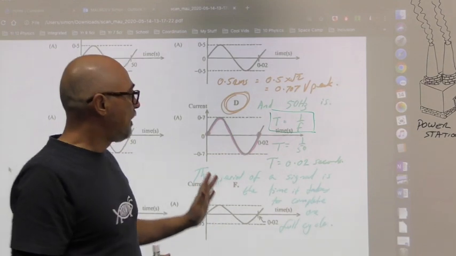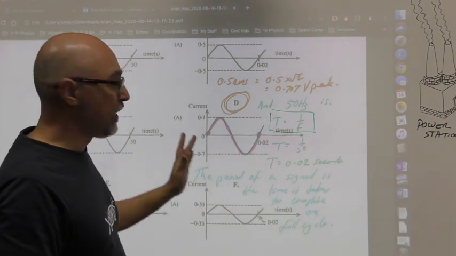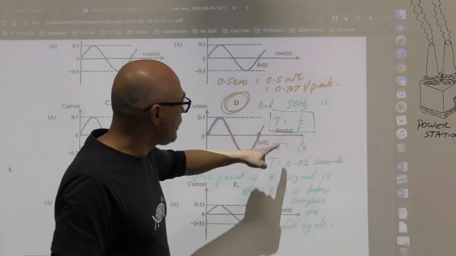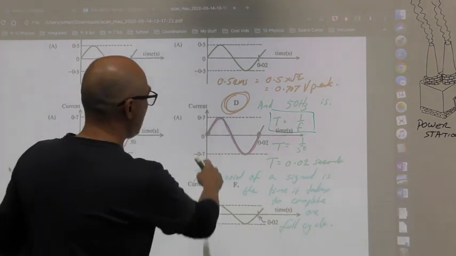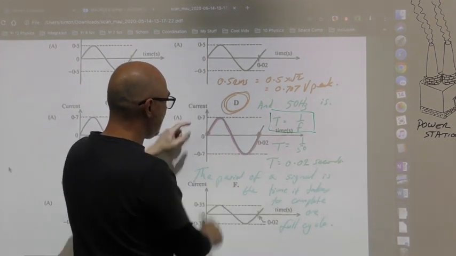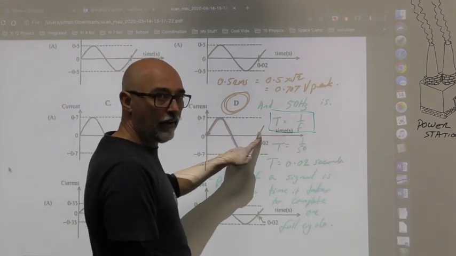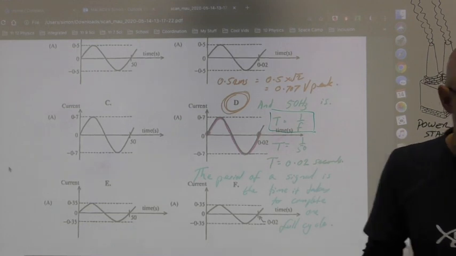That's all that is. That should be on your help sheet as well, and you should practice using it a couple of times before you get anywhere, all right? So 50 hertz is 0.02 seconds. So in other words, a full cycle every 0.02 seconds. That's why there's the peak 0.7 and the period. That's how you get that question, all right?